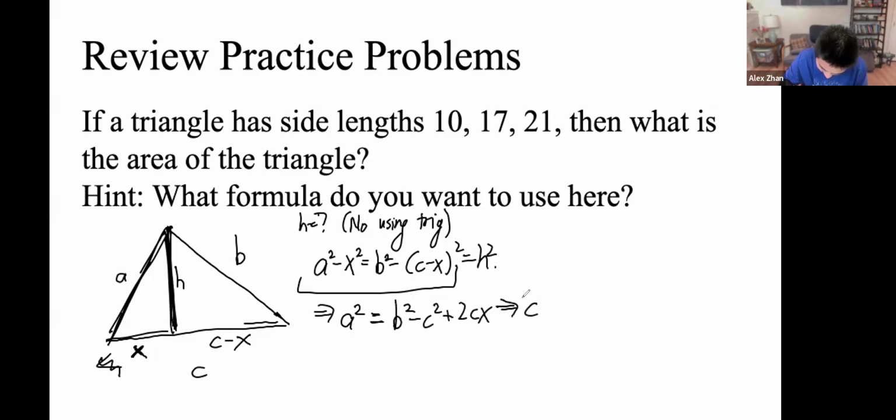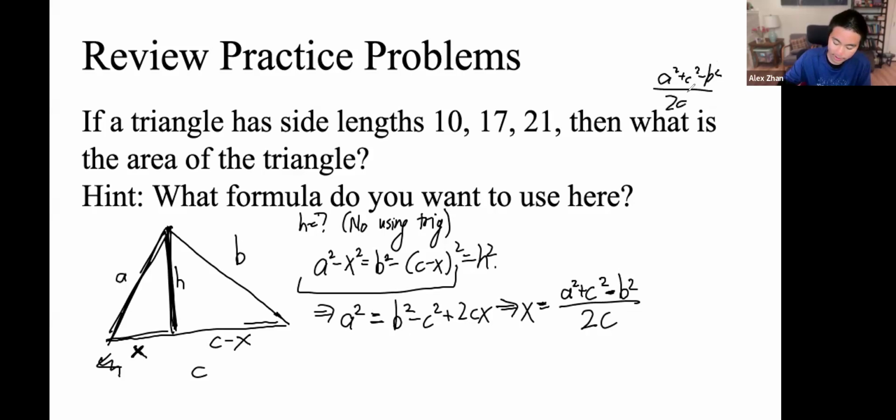And this, of course, gives us that x equals a squared plus c squared minus b squared over 2c. Shockingly, it does look very similar to the law of cosines formula, because law of cosines is a squared plus c squared minus b squared over 2ac.